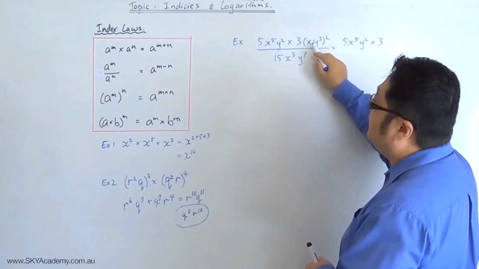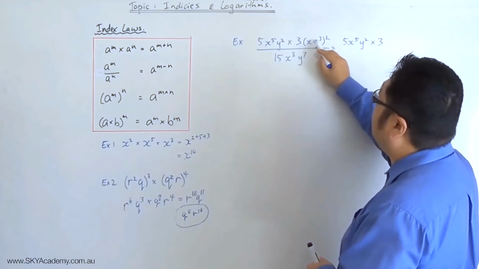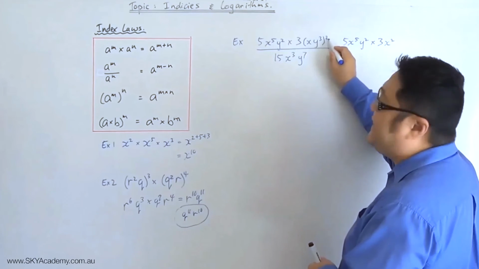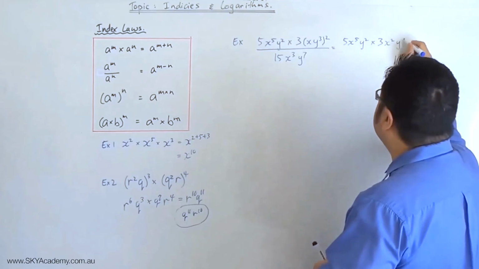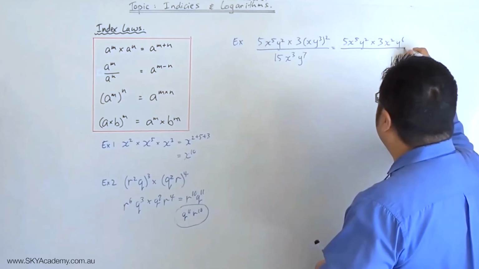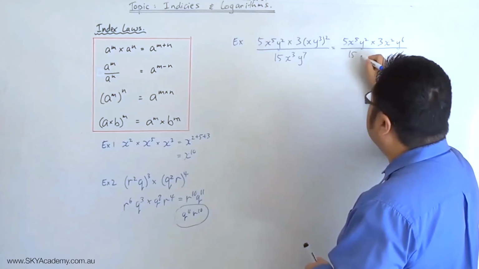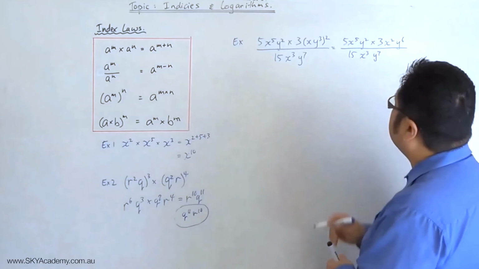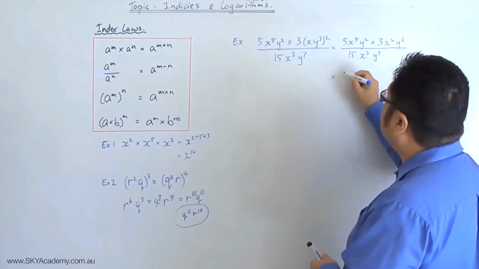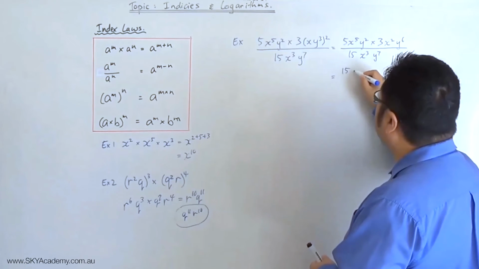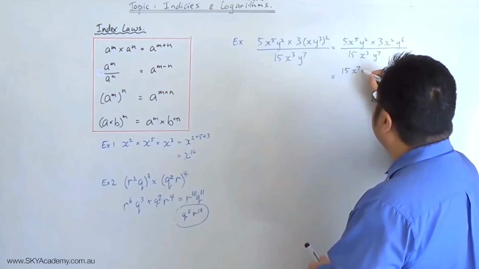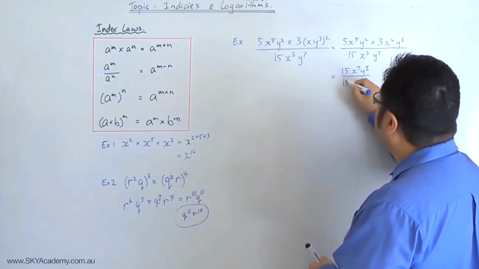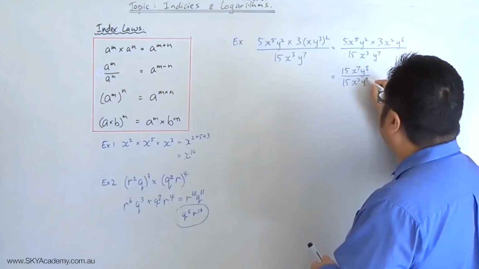Using the index laws, x to the power of 1 times 2 is x to the power of 2, y to the power of 3, again to the power of 2 is y to the power of 6, all over 15 to the power of x to the power of 3, y to the power of 7. Work that out and you get 15 x to the power of 7, y to the power of 8, all on 15 x to the power of 3, y to the power of 7.